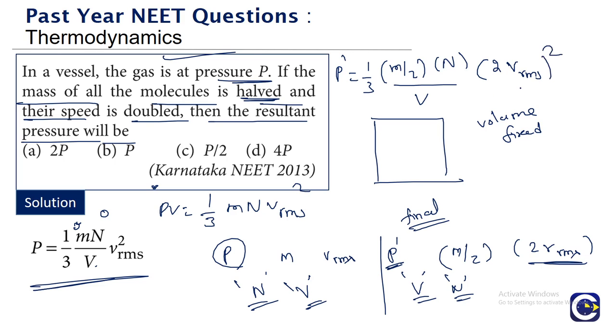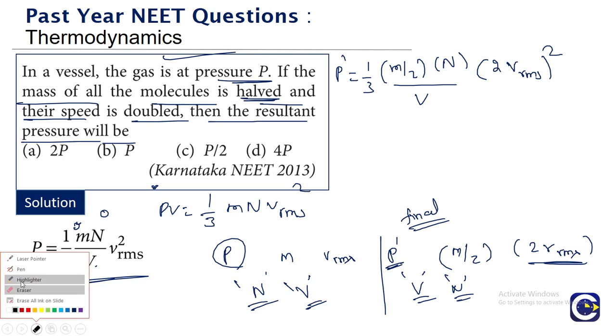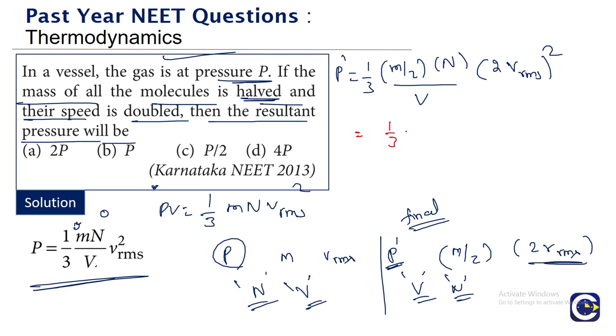So we are going to get the expression that relates to the original case. P dash, the pressure in the final case, will be equal to 1 by 3, you take this half to the front, mN by V, into 2 V RMS the square, which means 4 times V RMS square.